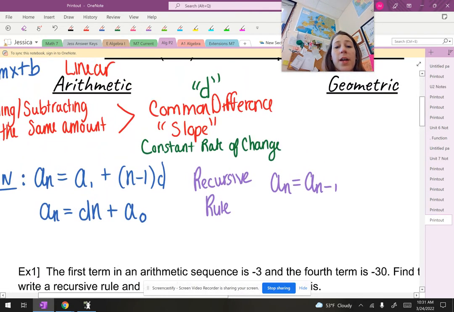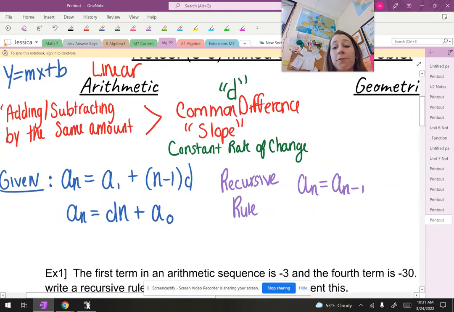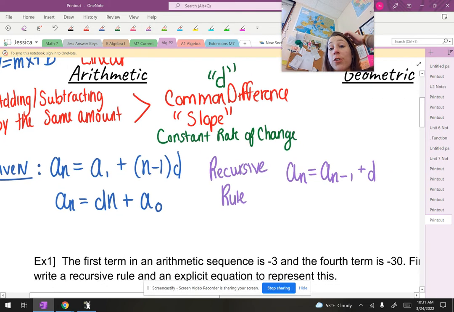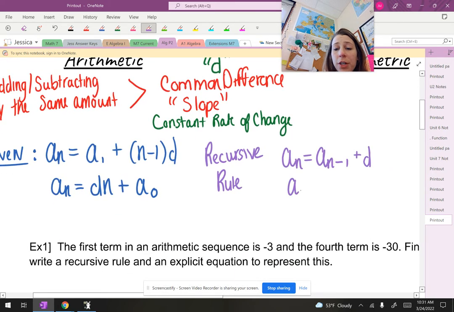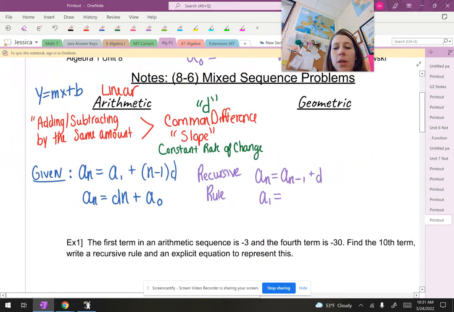Here we're talking about arithmetic, so there's a common difference, meaning that we're just going to be adding that d, whatever the common difference is. And don't forget, with your recursive sequences, you need to give me that first or that starting term, whatever a sub 1 or a sub 0 is equal to. So that is our arithmetic.